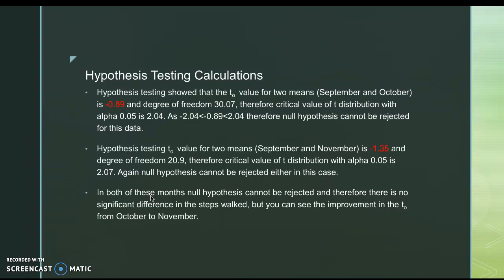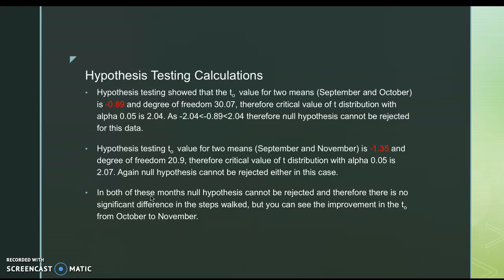The critical value, when I checked on the t-distribution chart using alpha 0.05, was 2.04. So negative 0.89 being between negative 2.04 and positive 2.04, I cannot reject the null hypothesis, which means there's no significant difference between the two data.